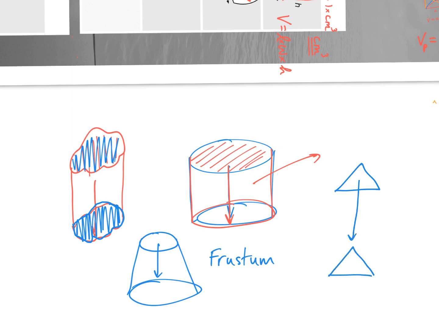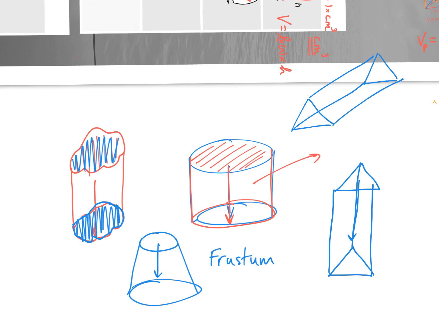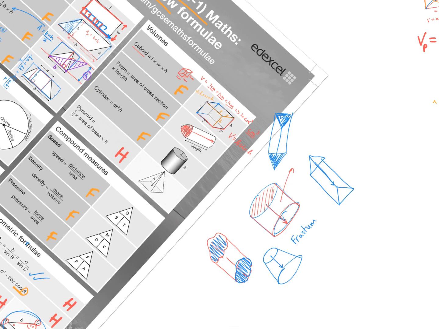And if you join all these points up here, in this case you've got a triangular prism, basically like a Toblerone. So if you join these points up, then this is the triangular prism. But it's this shape that's really important. It does not change. Okay, so sorry for going on about that one, but so many people get that wrong.